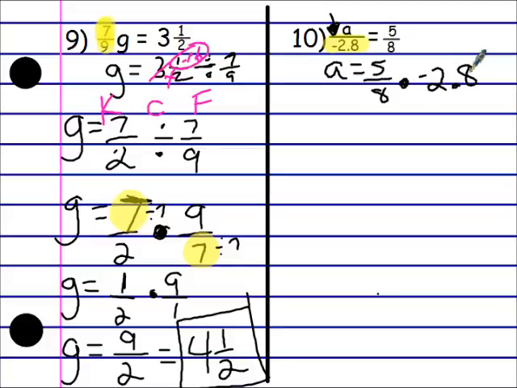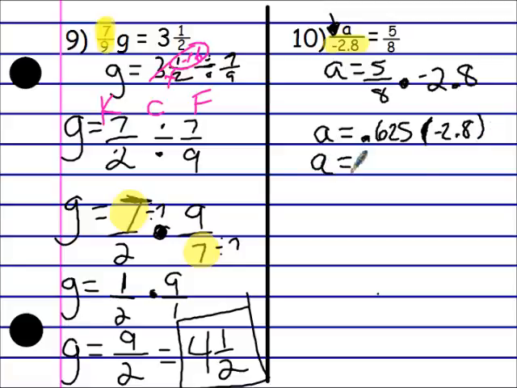Okay, and here's where we need to get them in the same format in order to proceed. So, you can convert 5/8 to a decimal, and you would get 0.625 times -2.8.